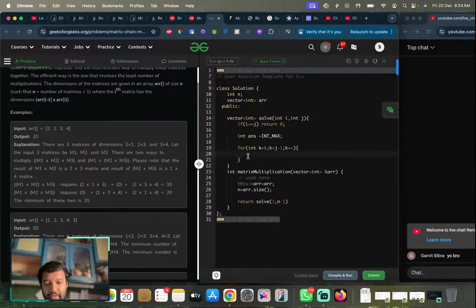That's my if. Let's make this answer as a vector of size 3. All the values at initial are int min. Cool.